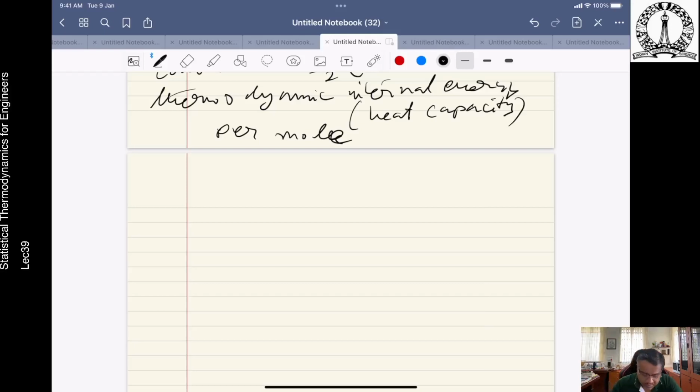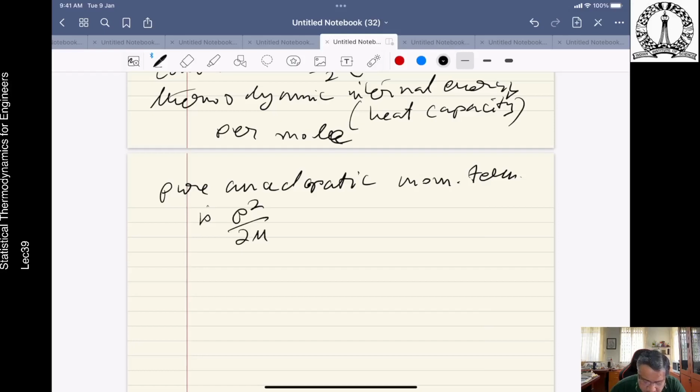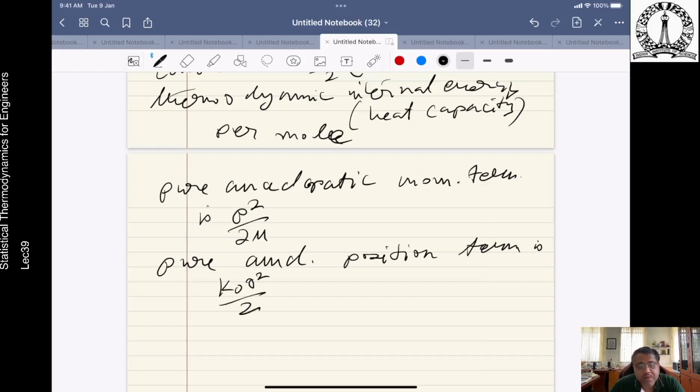So the pure quadratic momentum term is p squared by 2 mu, and the pure quadratic position term is k naught r squared by 2.